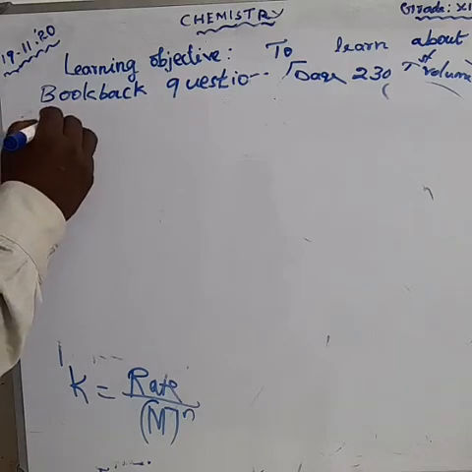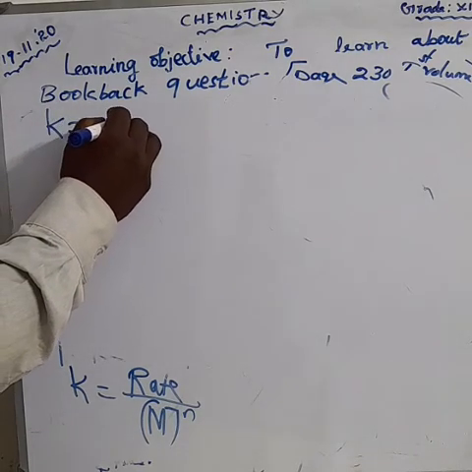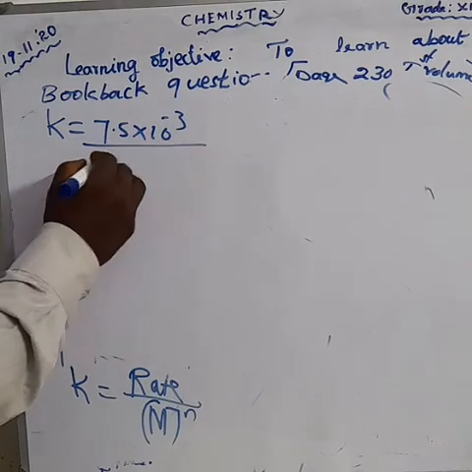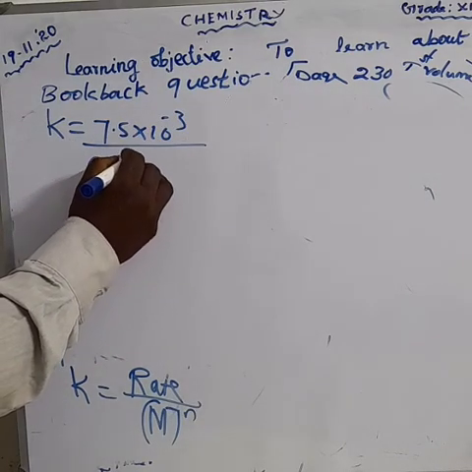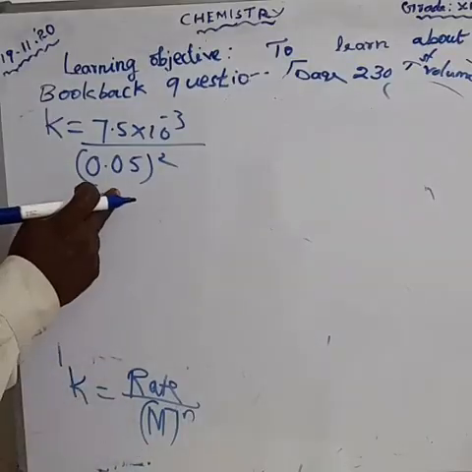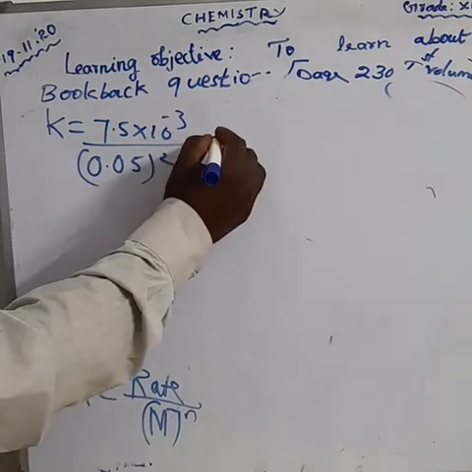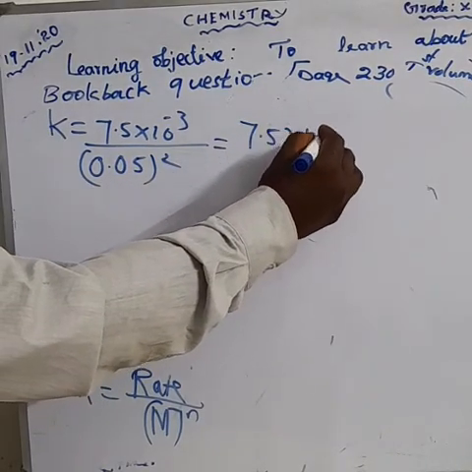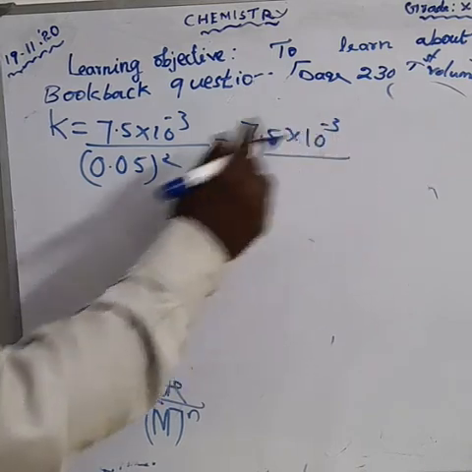So k is equal to 7.5 into 10 raised to minus 3 divided by 0.05 squared. M value is 0.05, power 2. That is equal to 7.5 into 10 raised to minus 3 divided by the square.